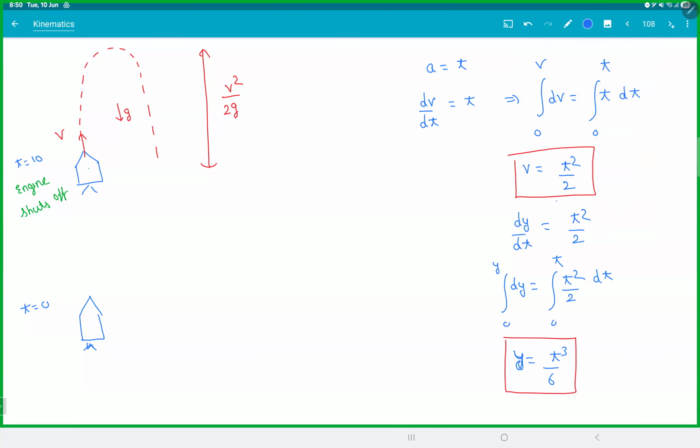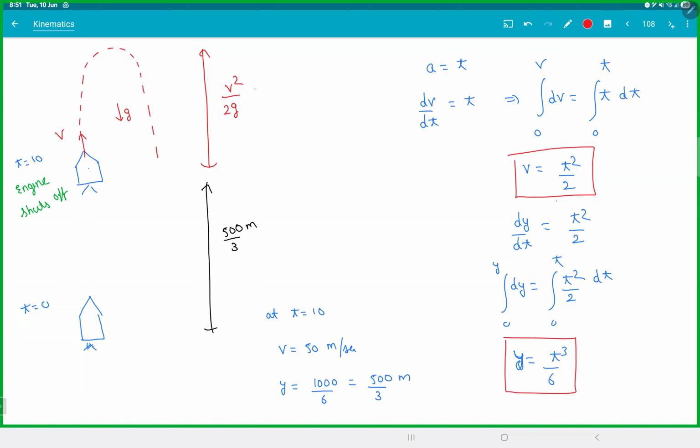At t is equal to 10, your velocity will be 50 meters per second. And you're at a height of 1000 by 6, or 500 by 3 meters. That means this rocket has gone to a height of 500 by 3 meters.